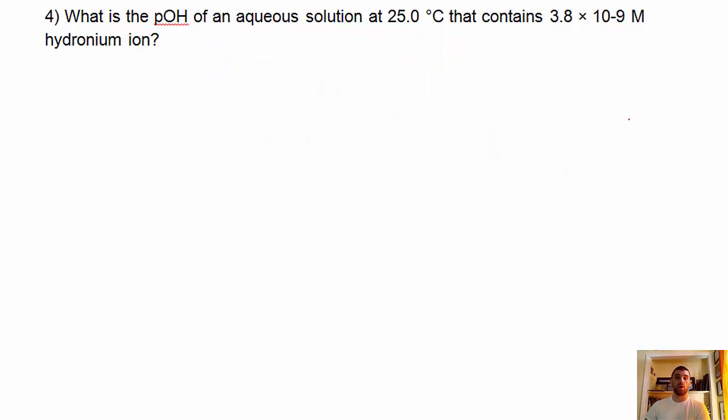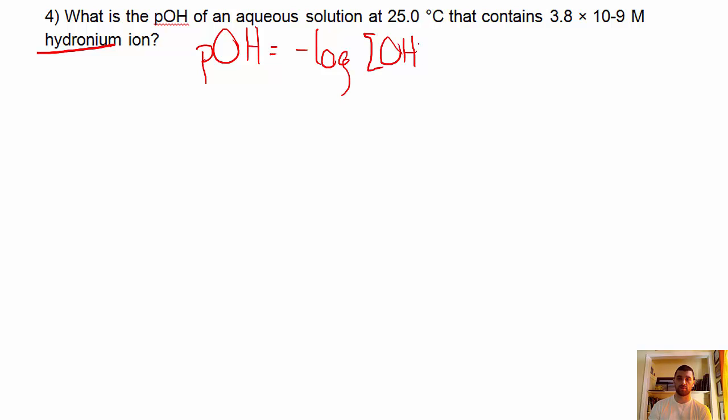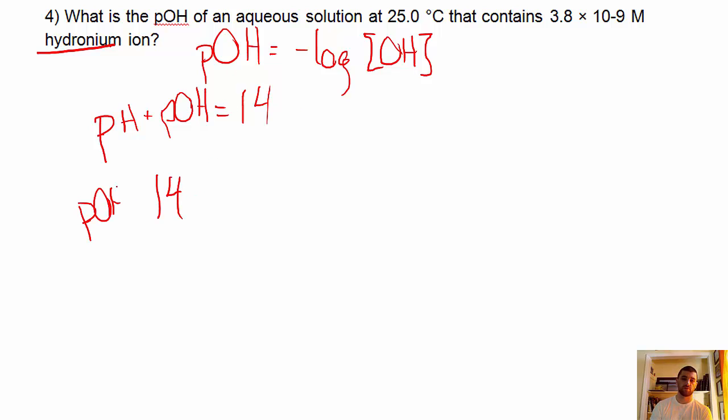All right, so we take a look at number 4. It says, what is the pOH of an aqueous solution at 25 degrees Celsius that contains that much hydronium ion? pOH is pretty much the same thing as the pH except for OH. There's also another formula that's probably a little easier to use for this one. It's that the pH plus the pOH has to equal 14. So if we're trying to solve for the pOH, it would be 14 minus the pH.